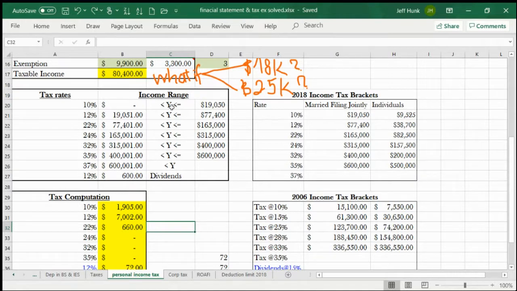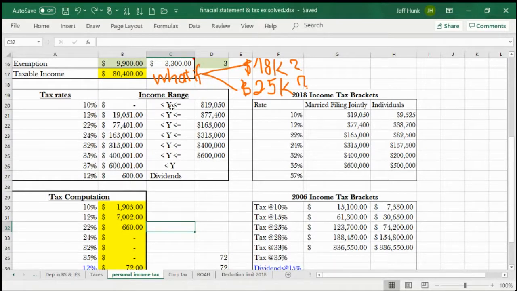You'll have to do it one by one, all by hand. That's why we use TurboTax or some tax program. In other words, programming, if you can program it.